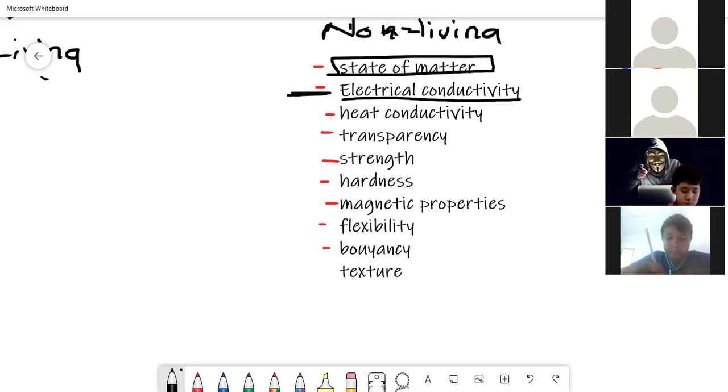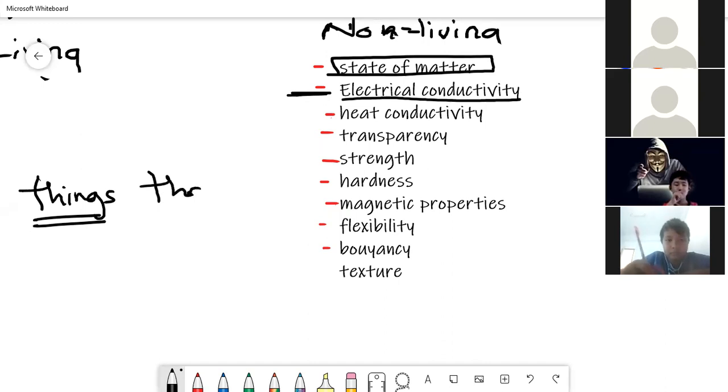Now, listen to me. Electrical conductivity means the things that the electricity can flow.